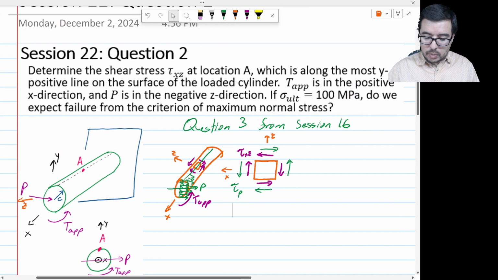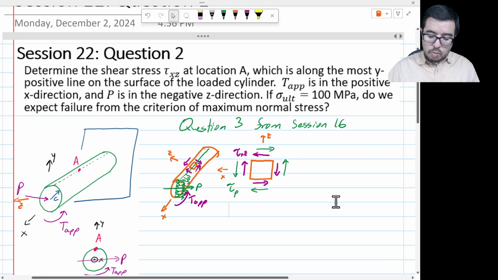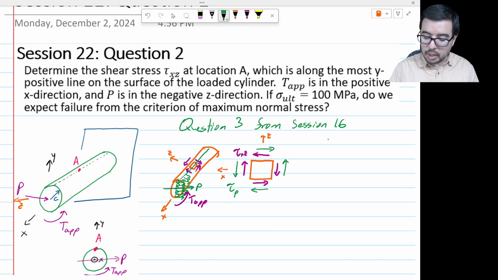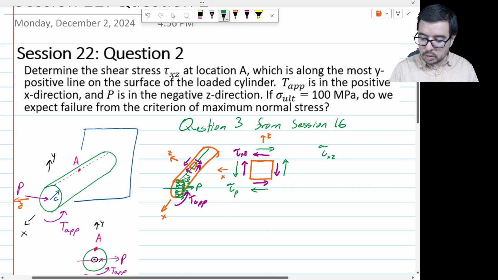Since we're on transverse shear stress, let's talk about what the magnitude of it will be. For the tau due to P, which is still acting on the xz plane, I can write tau xz P, and this is going to be minus, because it's acting on the x face, that is the green arrow, but in the minus z direction.